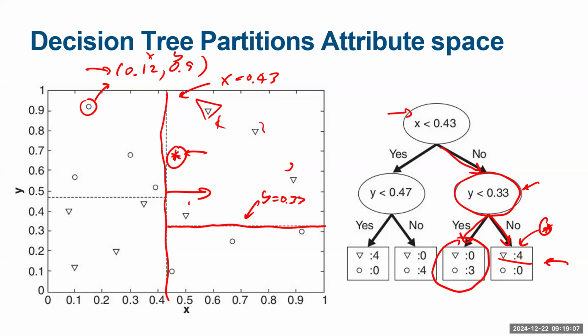Because if it only has one class, you would have a very high accuracy, because a lot of the data are concentrated in this area and they agree on the same class. So this is what we want, right? We want to split the data set based on the attribute so that each set only contains one class. That is the final goal, right? Whether we achieve it or not, we don't know, but that is our goal. Our goal is to split the data.